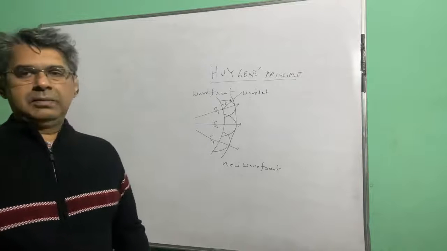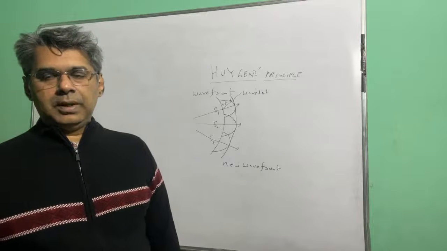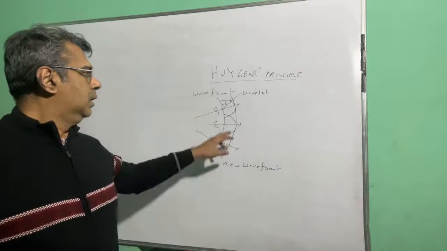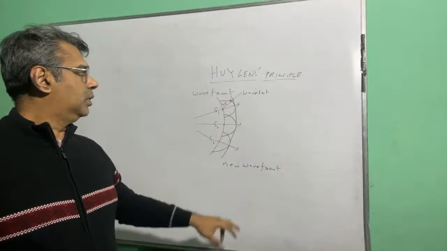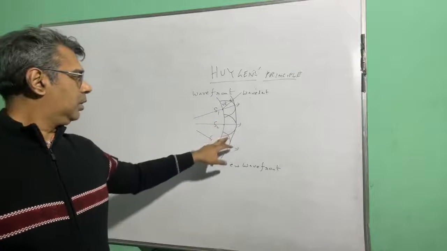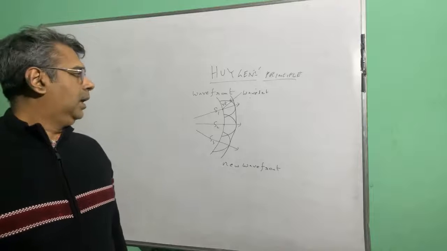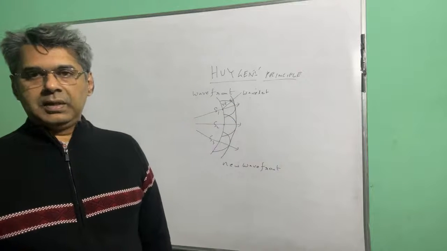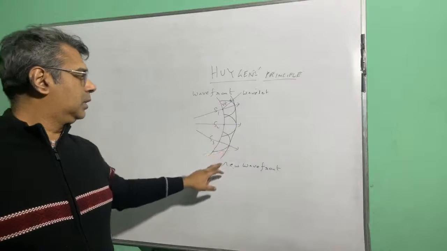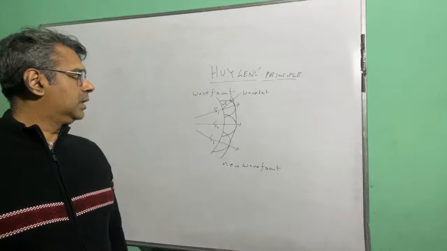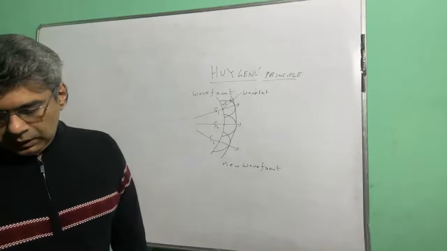Velocity of light, if it is vacuum, is 3 into 10 to the power 8. If it is some other medium, it will be a different value. So velocity of light into time is the radius. You draw the wavelet, draw the wavelet, draw the wavelet, and then you draw the geometrical envelope of all these wavelets. So the geometrical envelope of all these wavelets is the new wavefront. So this is called Huygens principle.